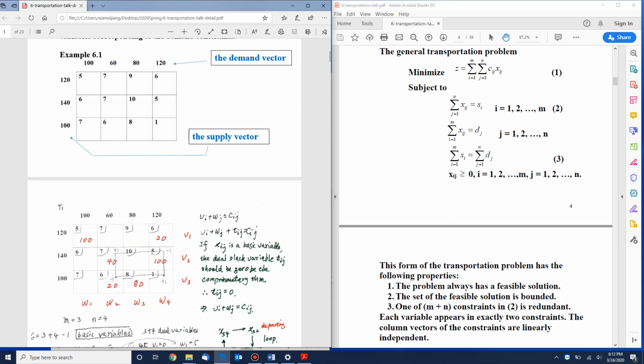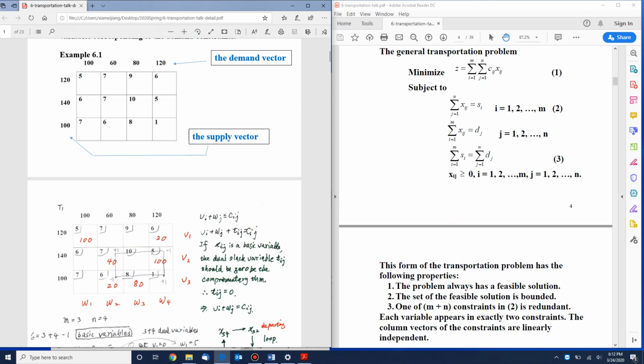Two, the set of feasible solutions is bounded, because we have a bounded request there. And third, one of the m plus n constraints is redundant by that constraint 3.